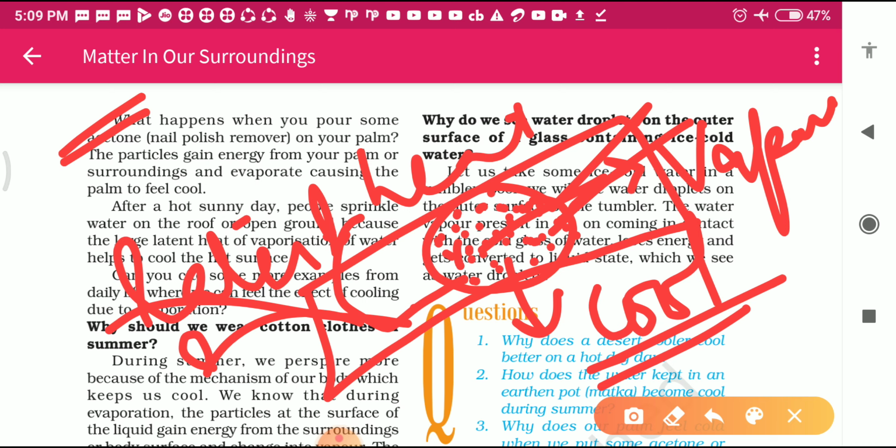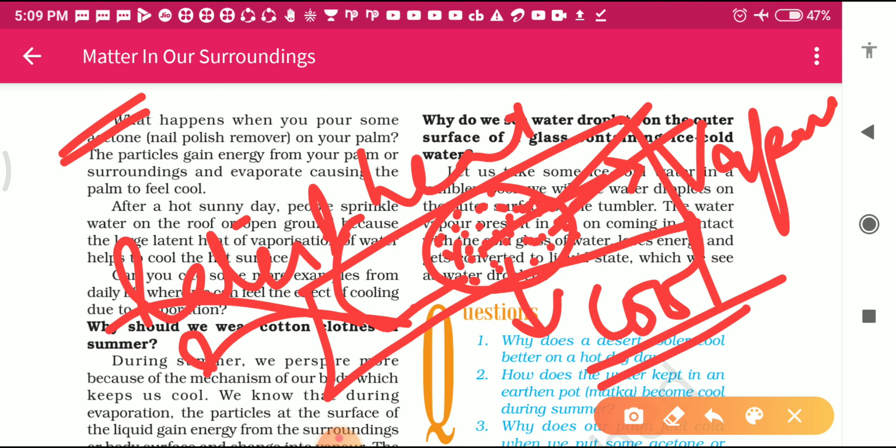And students, keep one thing in mind: the cooling caused by evaporation is based on the fact that when a liquid evaporates, it draws the latent heat of vaporization from anything which it touches. What is the latent heat of vaporization?